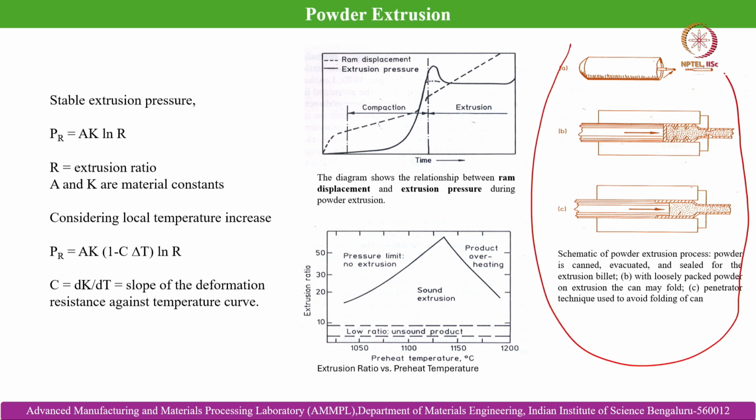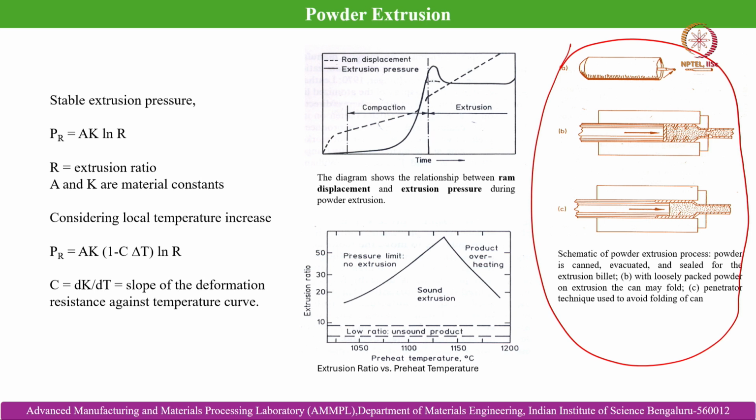Powder extrusion and powder rolling are special grade powder metallurgy processes, where the powder is canned, evacuated and sealed as the extrusion billet. In step B, with loosely packed powder on extrusion, the can may be folded, and C is the penetrator technique used to avoid folding of the can.